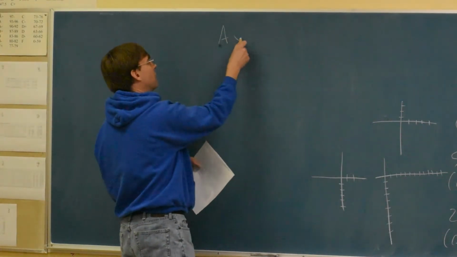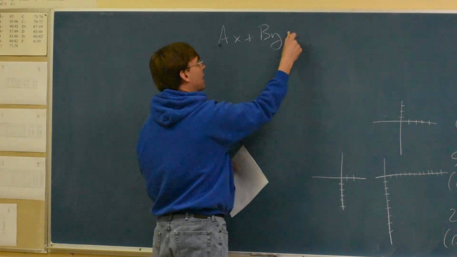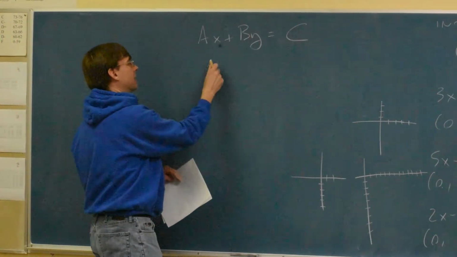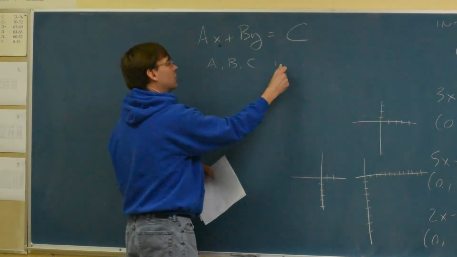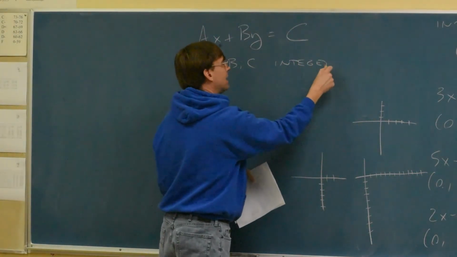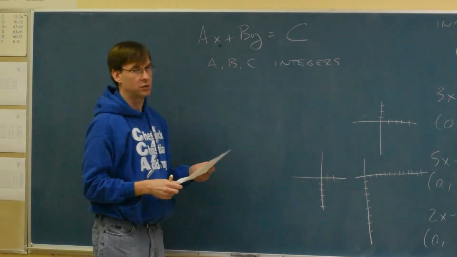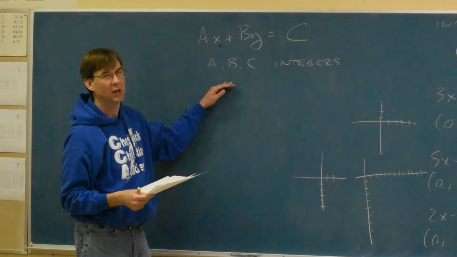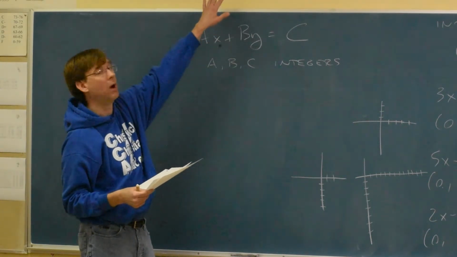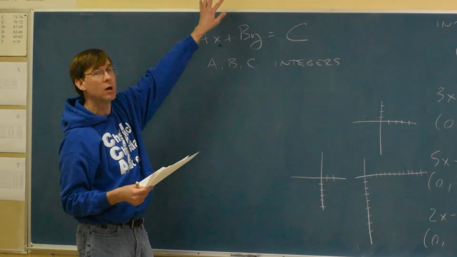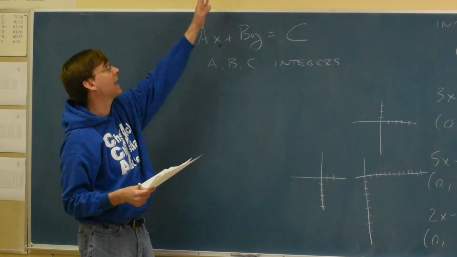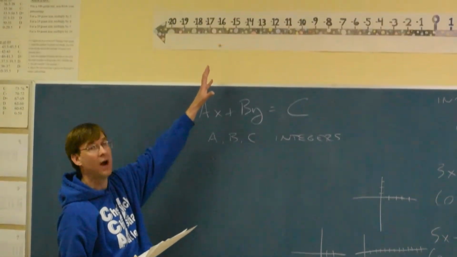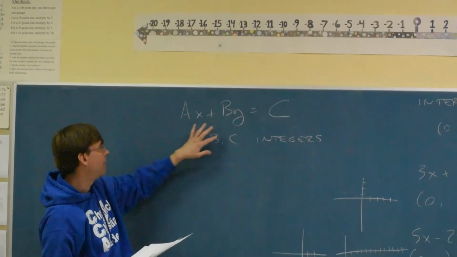Standard form is going to be a good thing to know about. Standard form's equation is this, with the additional detail that A, B, and C have to be integers, which means no fractions, no decimals allowed. Integers are like my number line numbers. Negatives are okay, zeros are okay, positives are okay, but it has to be these non-decimal, non-fraction, number line-y kind of numbers.